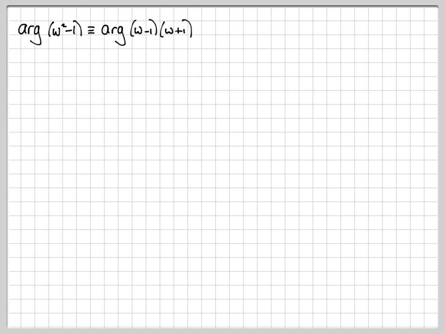Okay, so what I'm going to say is that we're interested in the argument of w squared minus 1, and again thinking about that as the difference of two squares, that's the same as saying the argument of (w minus 1) times (w plus 1), and if you're finding the argument of the product of two complex numbers, then what of course you do is you add the arguments together.